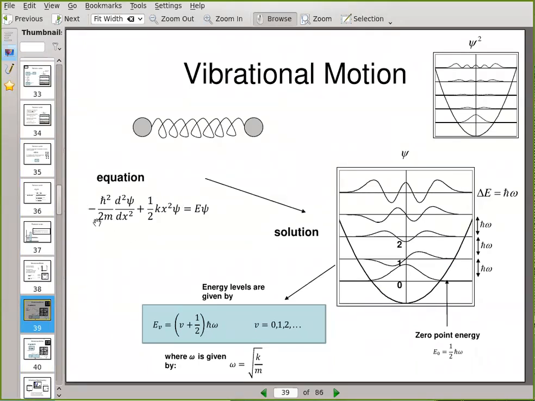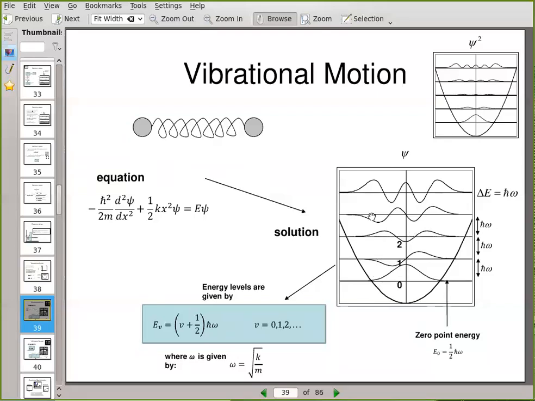You end up getting a solution, and it's interesting that in the solution, the energy levels are equally spaced apart. You'll remember that when we did particle in a box, the energy levels start off quite far apart and get a little bit closer together as you go up. But the moment you have a potential there, your energy levels are equally spaced.